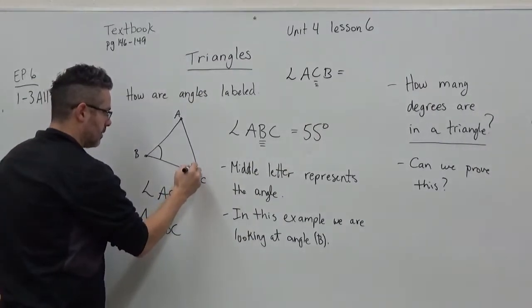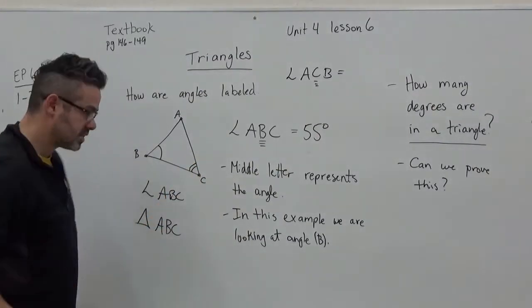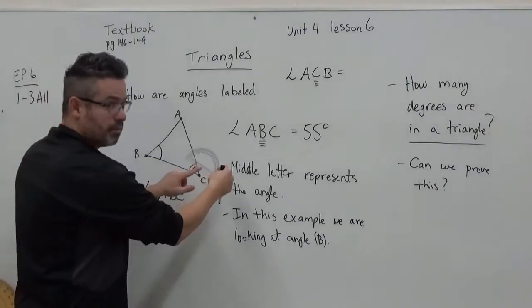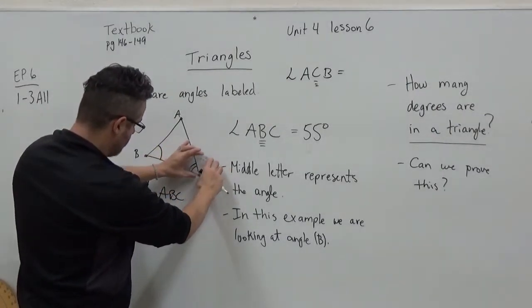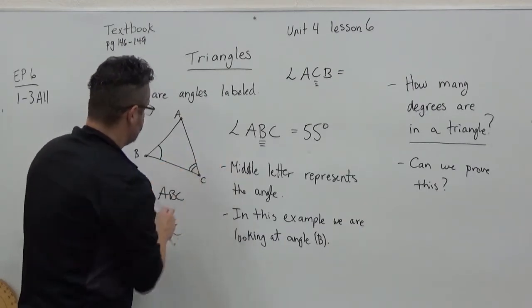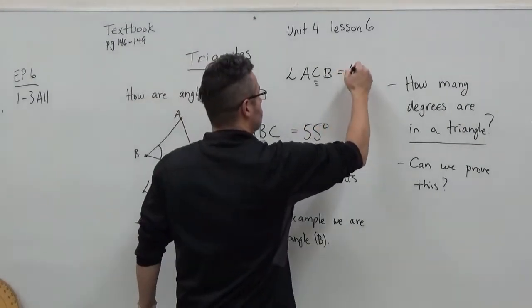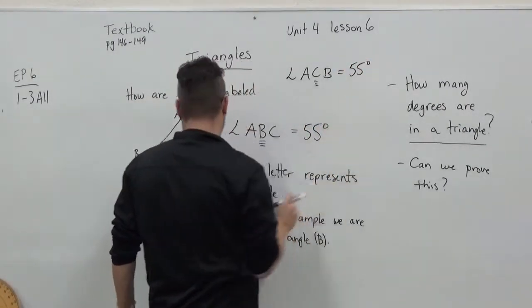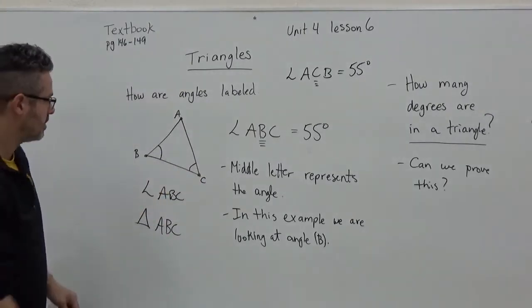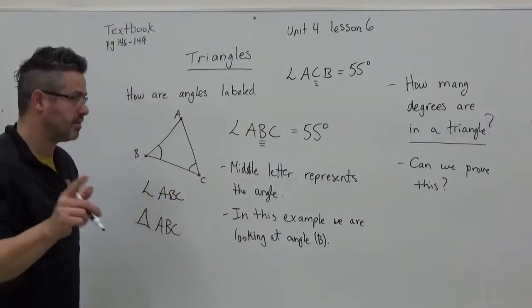That would be talking about C. Let's take our protractor real quick and measure. If you remember from our measuring lesson, we put that on the vertex, get that at 0, and it's about 55 as well. Okay, so angle ACB is also 55.